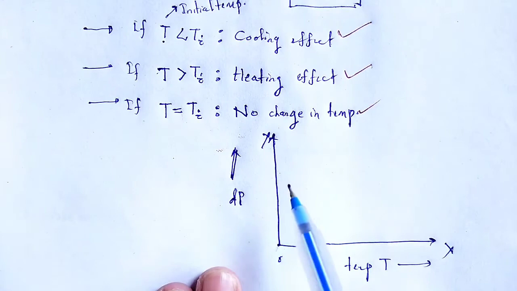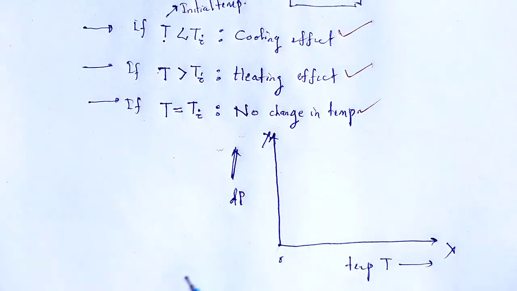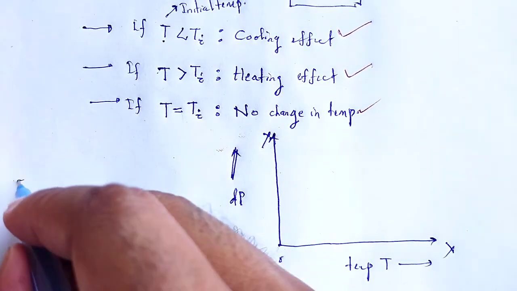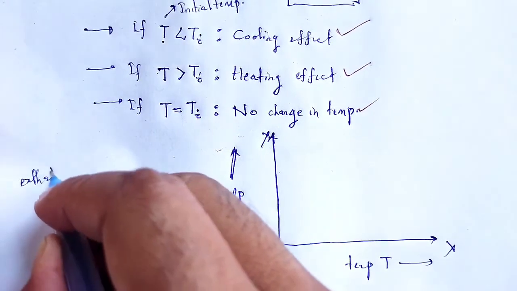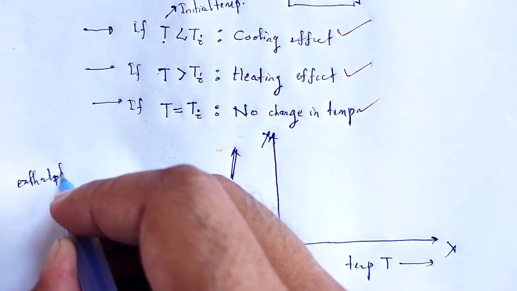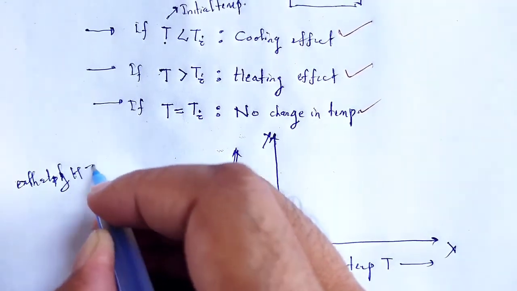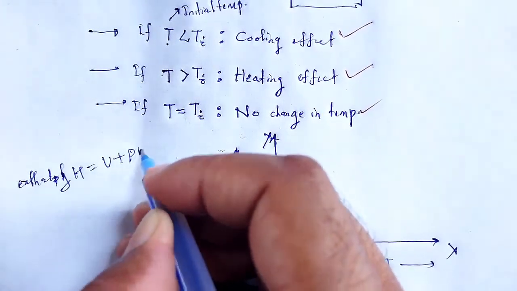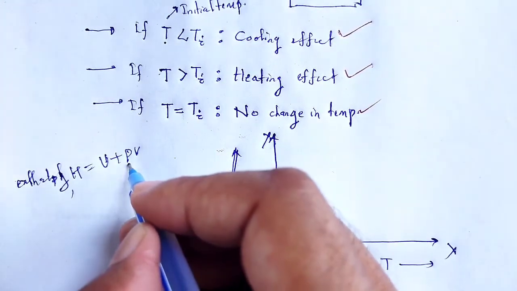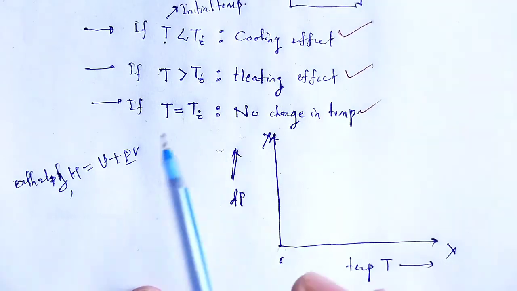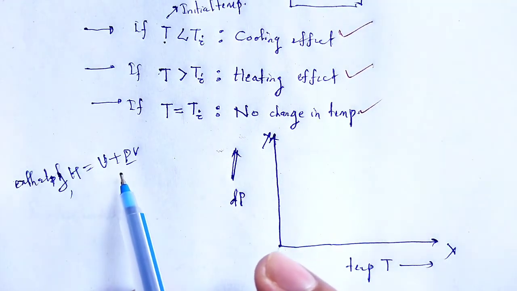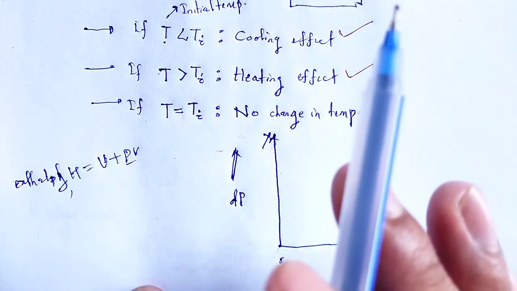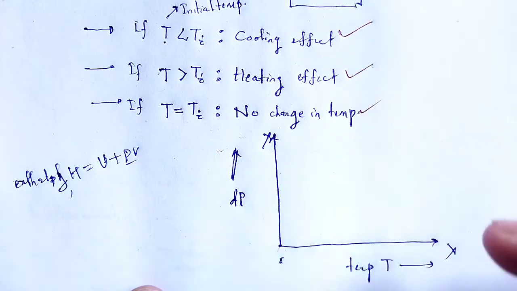as we know, the enthalpy H is equal to U plus PV, where U is the internal energy and PV is pressure into volume. That enthalpy is always constant at all points throughout the curve.